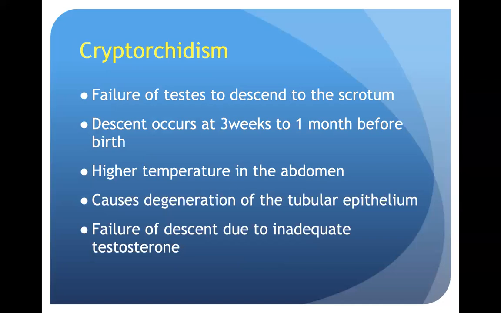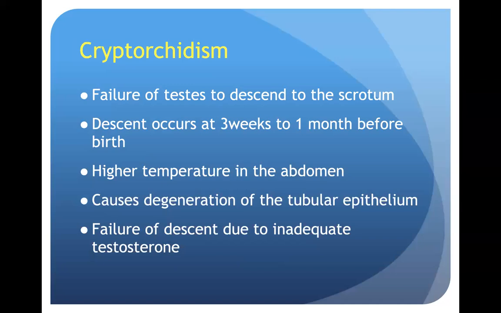Okay? Another problem that may cause infertility later on is cryptorchidism. Cryptorchidism is the failure of the testis to descend to the scrotum, or in other words, the undescended testis. Remember, during fetal life, the testis is actually an abdominal organ, placed in the abdomen. And then at around 3 weeks to 1 month before birth, that's when it descends to the scrotum.